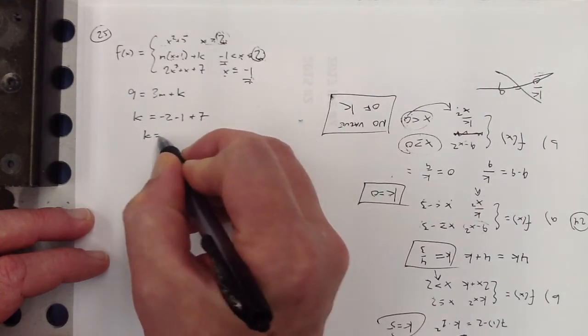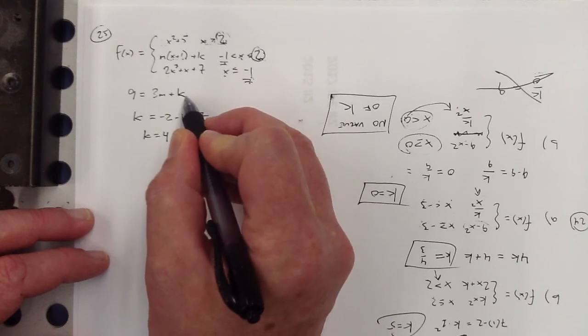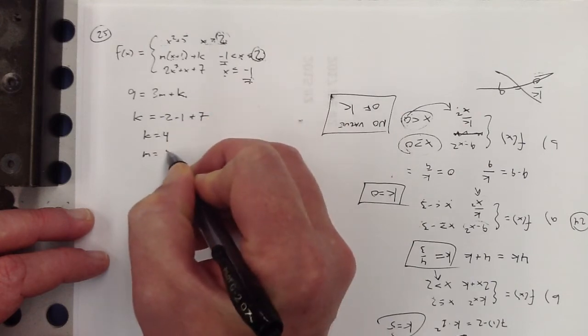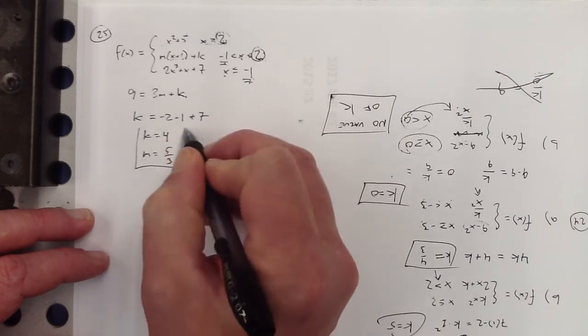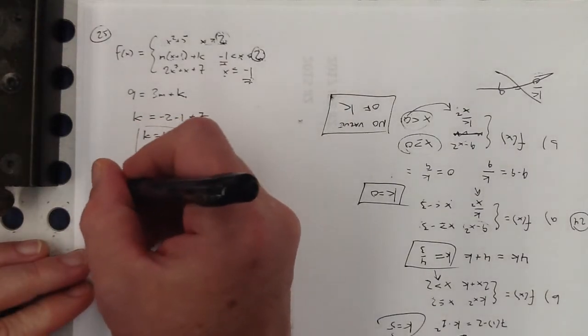So it looks like k would have to be 4, and then if I plug that back in here, it looks like m would have to be 5/3. Right. And just double check, make sure I didn't mess up any algebra there. Yep, that's good.